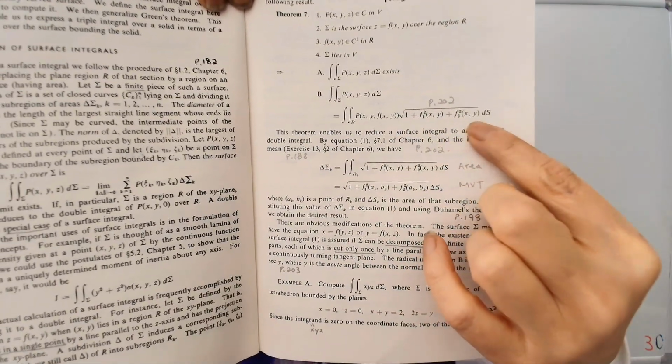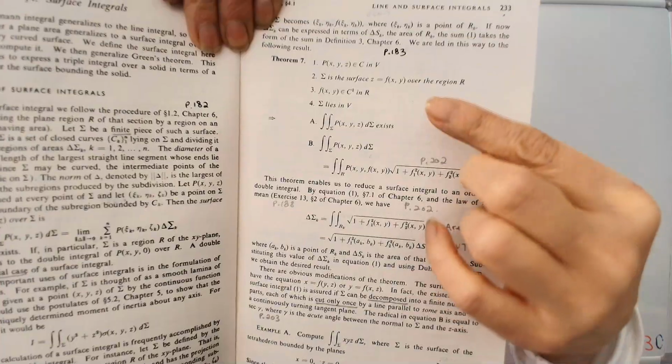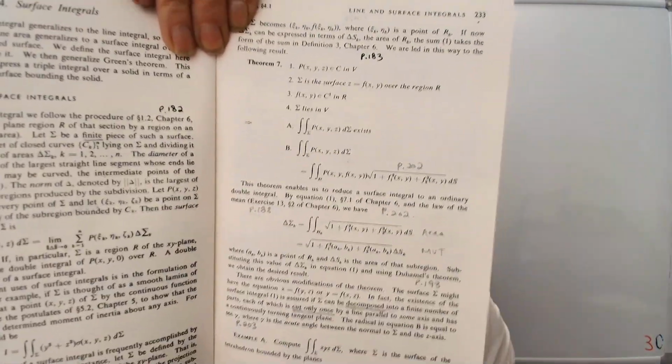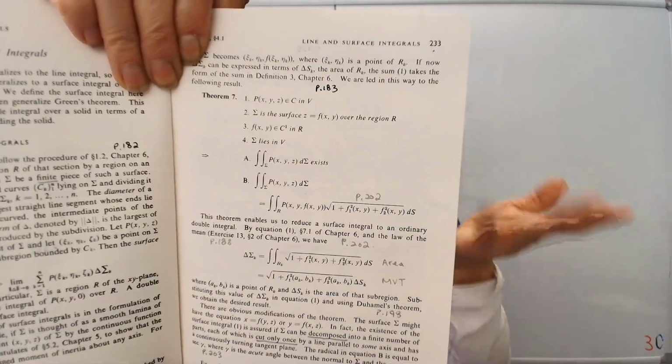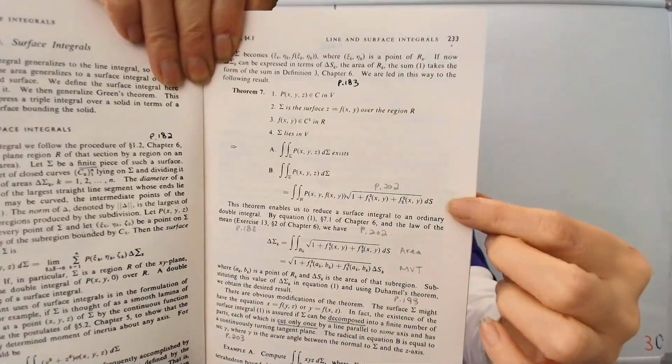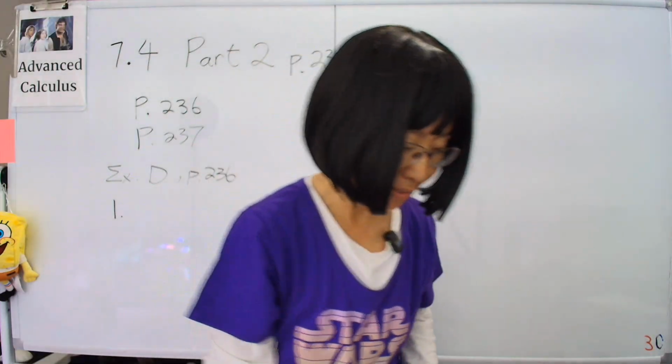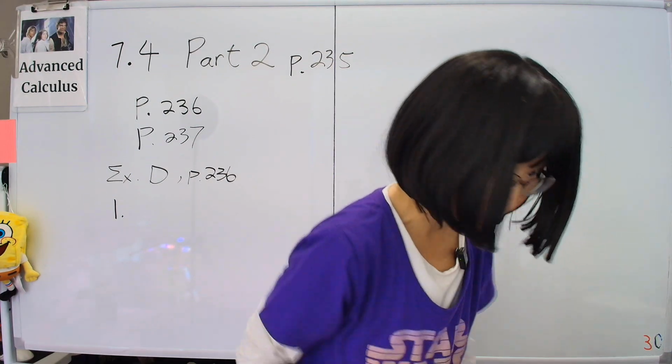And remember this formula works if it's z equal to f(x,y), or x equal to f(y,z), or y equal to f(x,z). Doesn't matter who equals what. It all works out. You just have to adjust accordingly, like which angle is up.